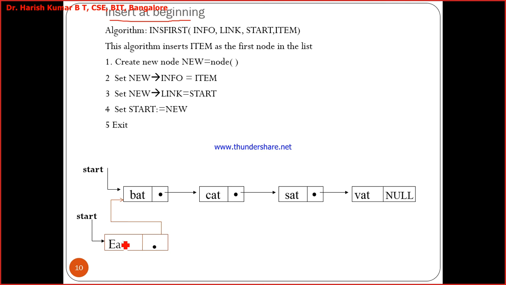In the next link field of this new node, I have to store the address of that node. Then, start was initially pointing to the old first node; now that is no longer the beginning node, so I have to make start point to this new node. Are people following?